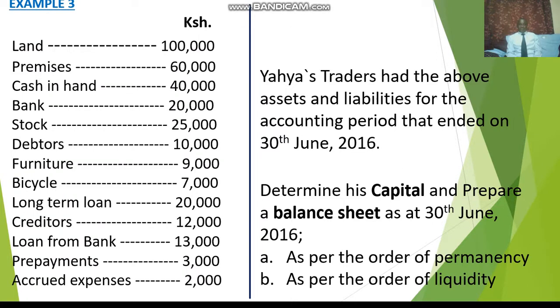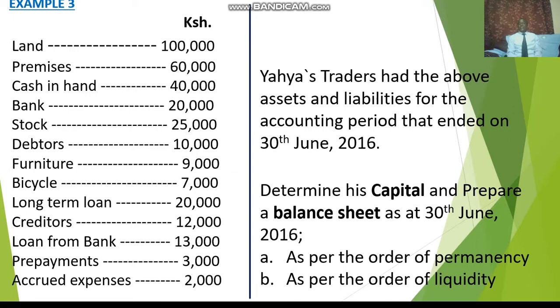In example 3, that is concerning Yaya's Traders business, the assets and liabilities for the accounting period that ended on 30th June 2016. We have items arranged, that is current assets, fixed assets, liabilities, that's long-term liabilities and short-term liabilities.